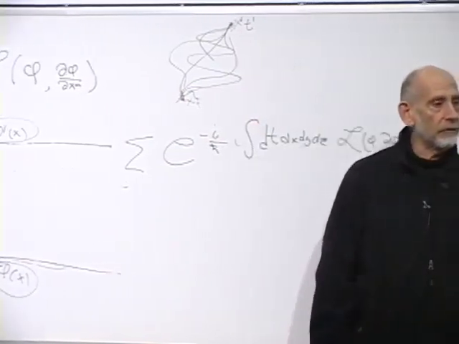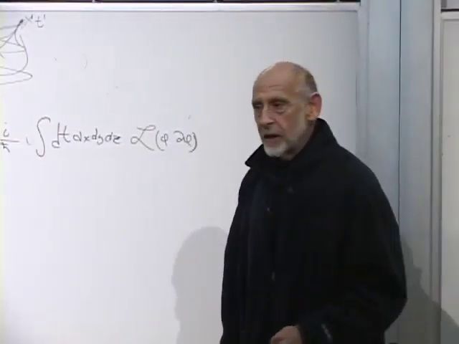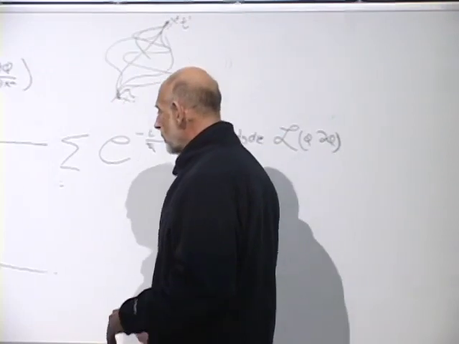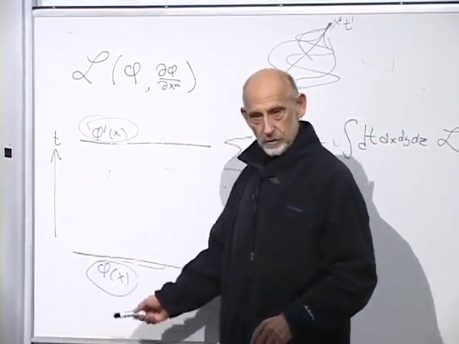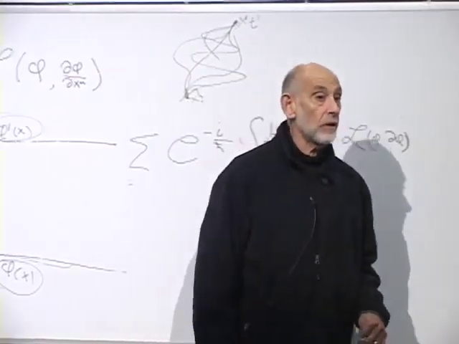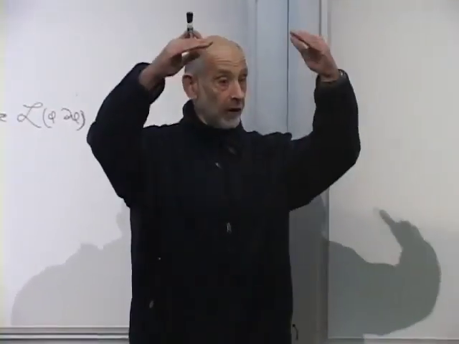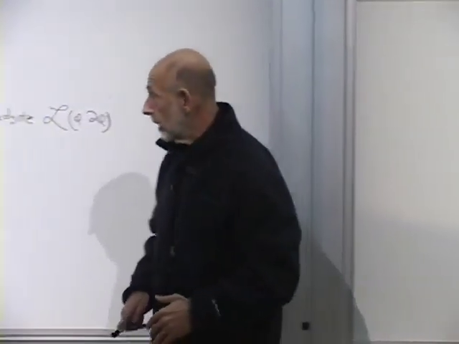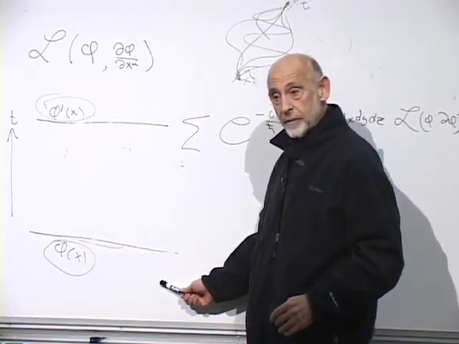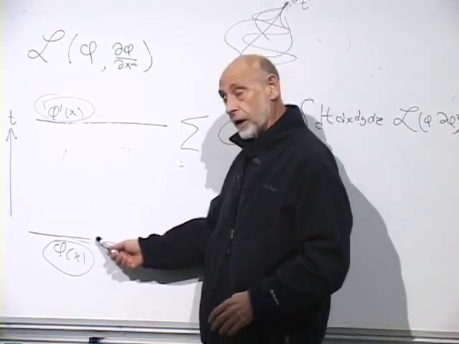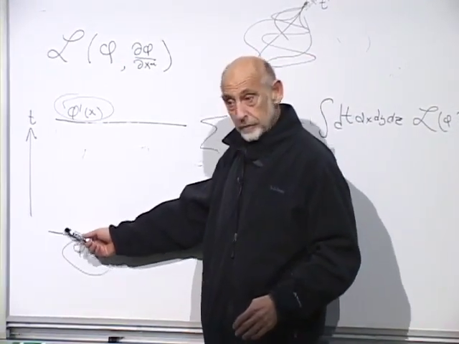Supposing I told you that the field initially was in a state which was described by a particular collection of incoming particles. Incidentally, when I say the field, I may mean a collection of fields. So I tell you not the value of the field along here, but rather the particle content coming in.